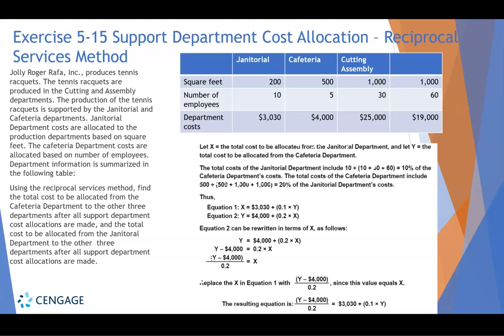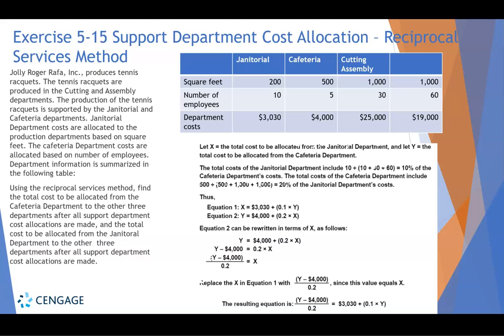So 20% of the janitorial cost is going to go to the cafeteria. So we know that for the janitorial department, we've got $3,030 in costs, plus we're going to need to allocate 10% to the cafeteria department. The cafeteria department has $4,000 in costs that it's going to have to allocate, in addition, 20% of the janitorial costs.